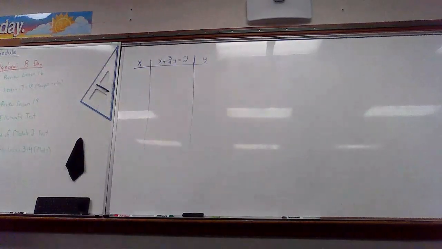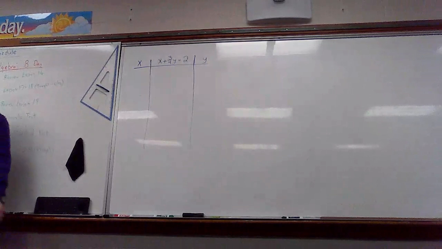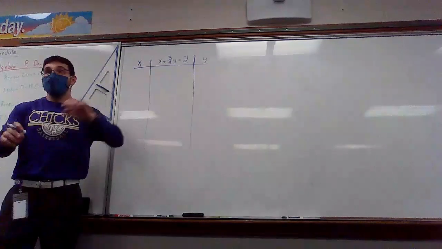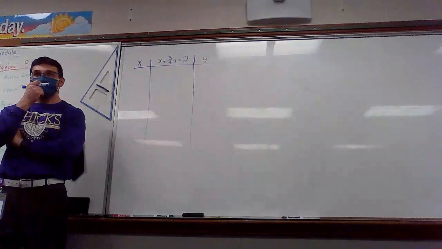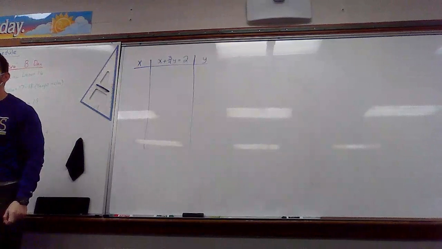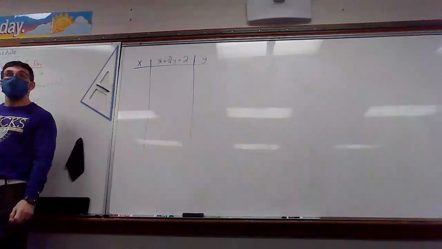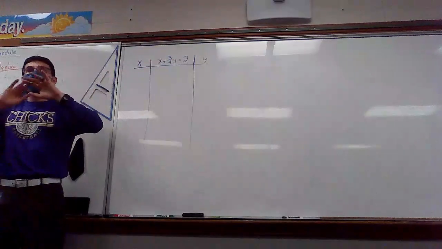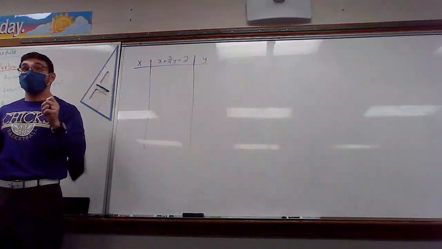Okay. So remember how I said, were the coefficients different on that first one? Are the coefficients different in this one? Yeah. Which variable has a coefficient that is not 1? Which variable, Bree? Y. Can I substitute numbers in for x? Sure, but it'll make it tough to solve.